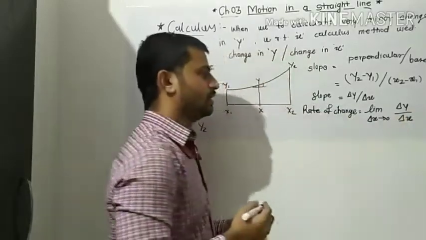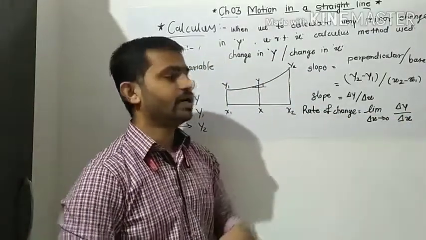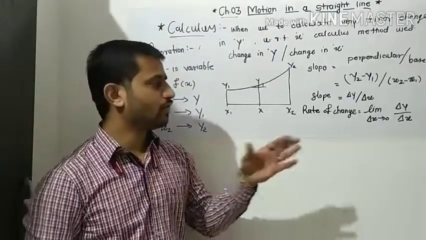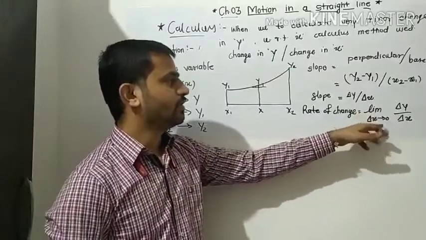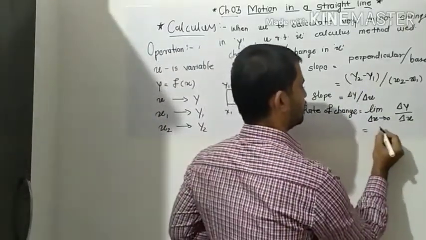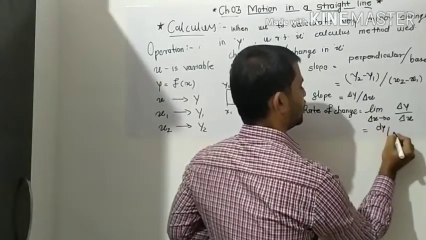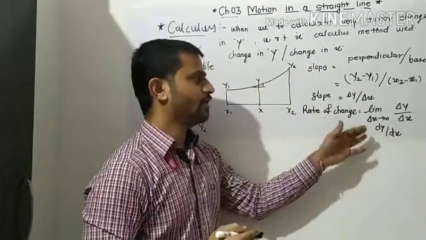Instead of the limit, we can also write it as dy by dx. The rate of change is equal to dy by dx.